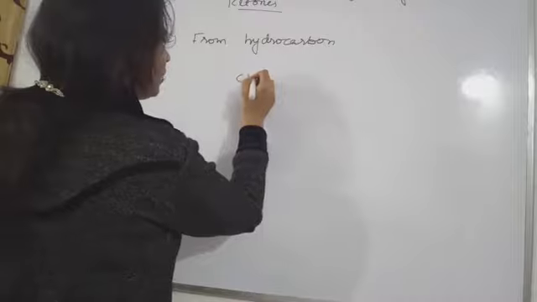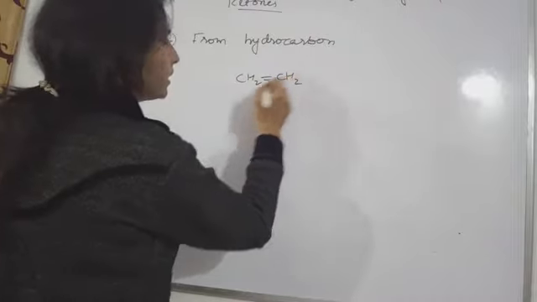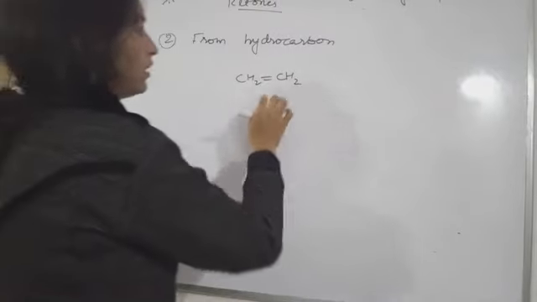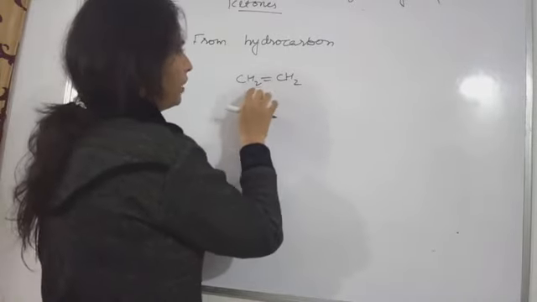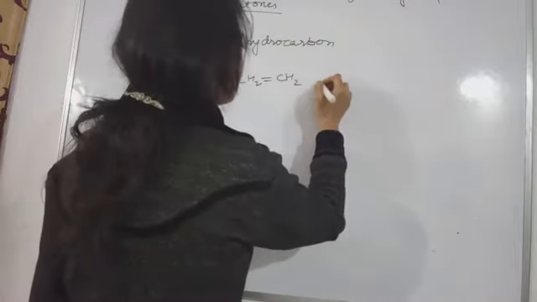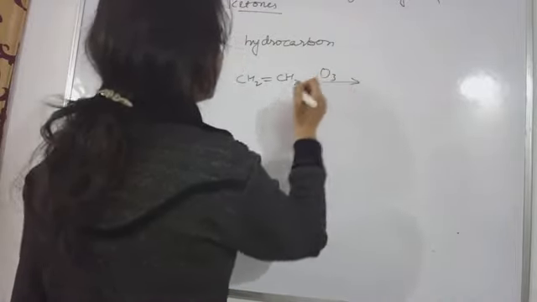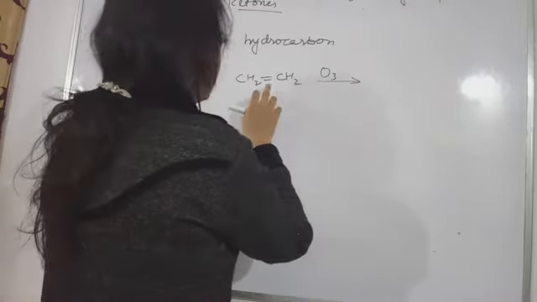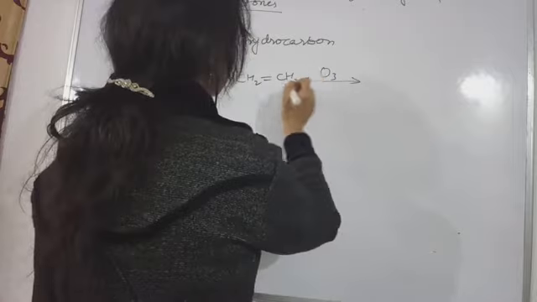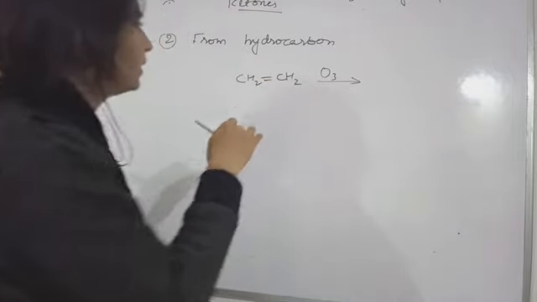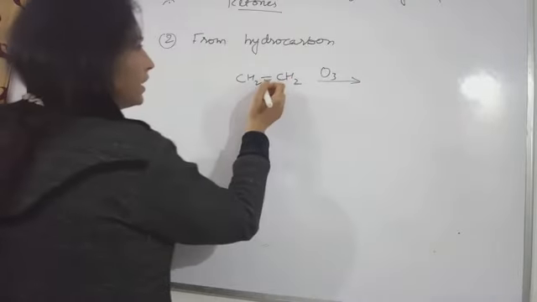So you are taking alkene, this ethene, the simplest one I took here, and then what is happening here is ozonolysis. Ozone we are using.